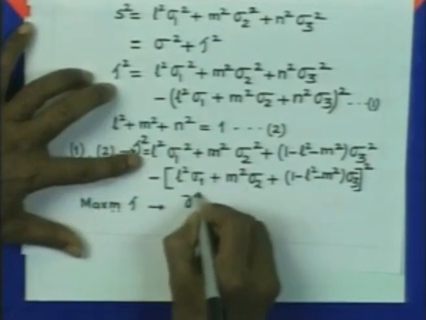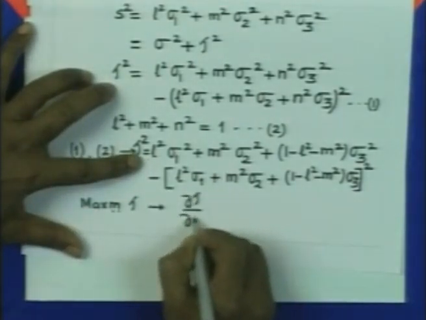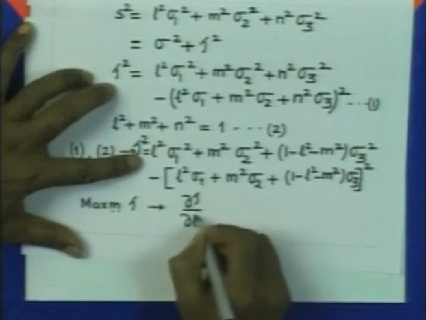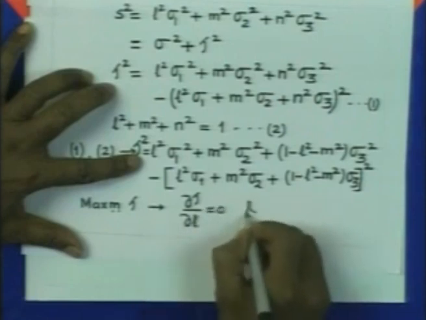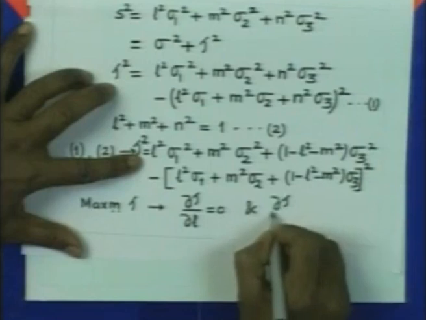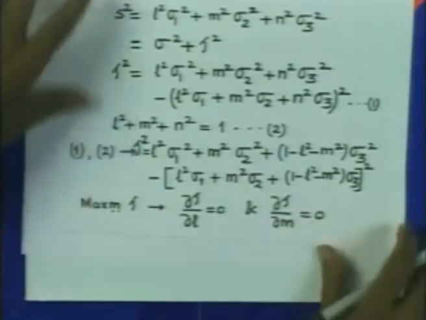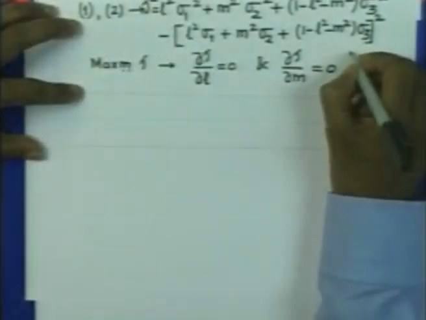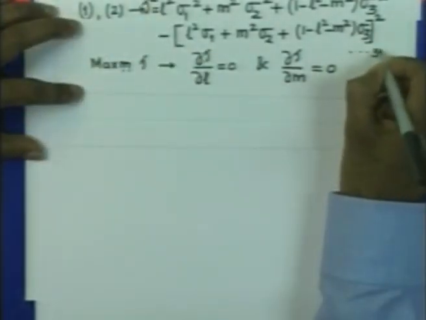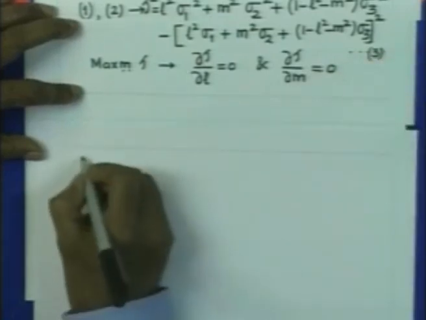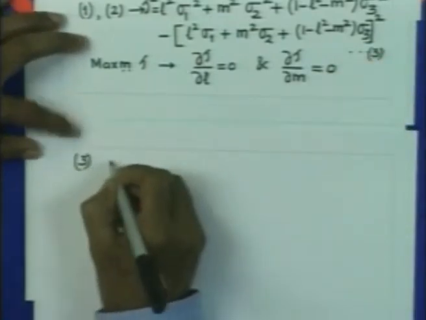We can consider delta tau delta l equal to 0 and delta tau delta m equal to 0. Let us say that this relationship is 3.